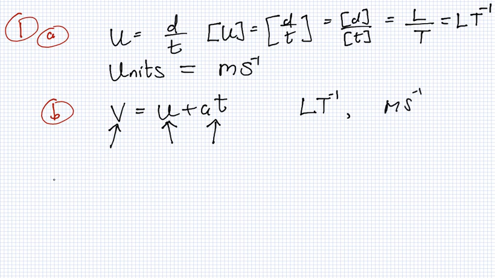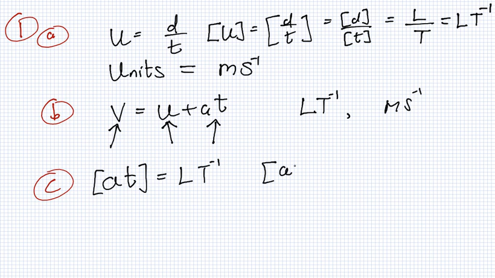Okay, C, we have A. From the previous one, we can see that AT is the same dimension as U, and the same dimension as V, which is length per time. So that means the dimension of A times the dimension of T must equal length per time.